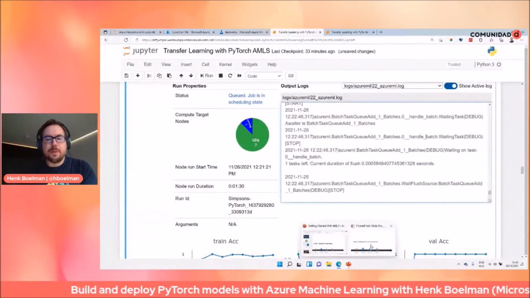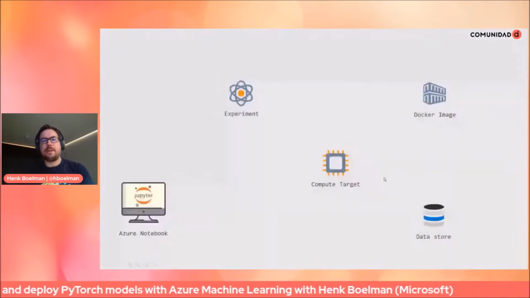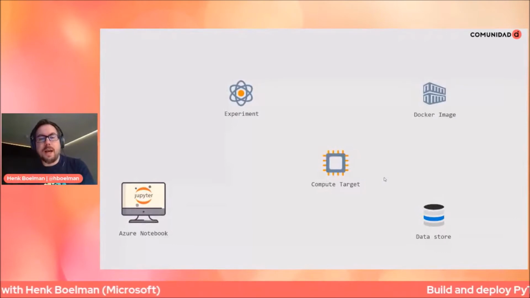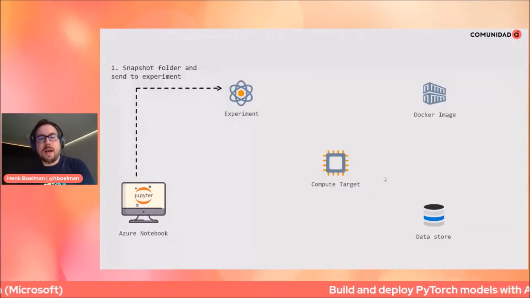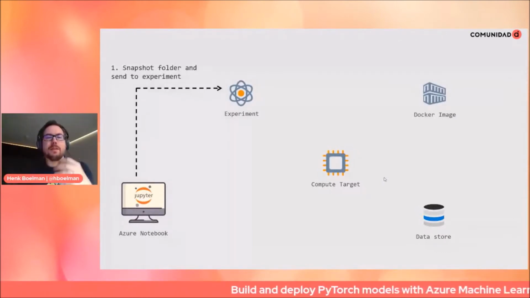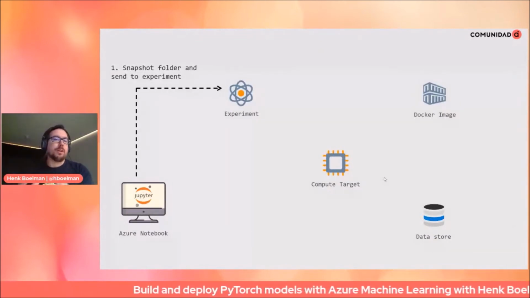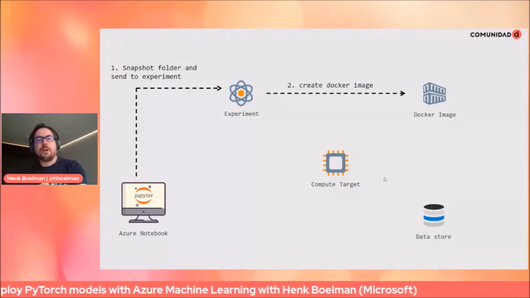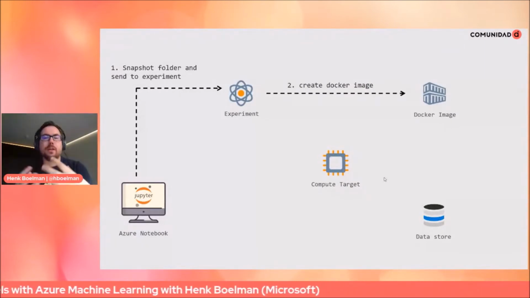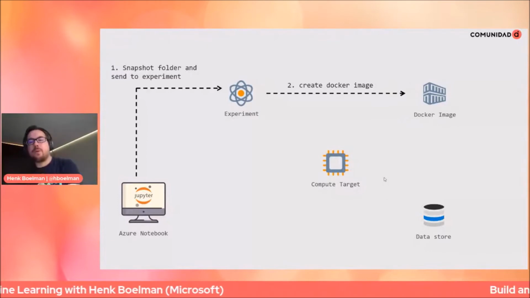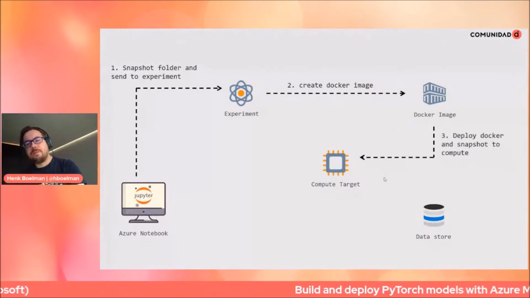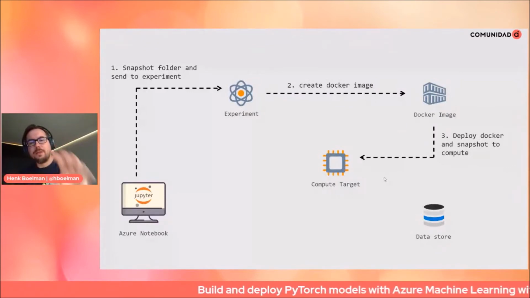So let this job do its work, and let's see what is actually going on under the hood. We are in my Jupyter notebook, and when I hit submit experiment, a snapshot was made from my folder where my training script and other scripts are, and copied over to my experiment. Then a Docker file is created according to my environment specifications. And that Docker container is deployed to our compute cluster.